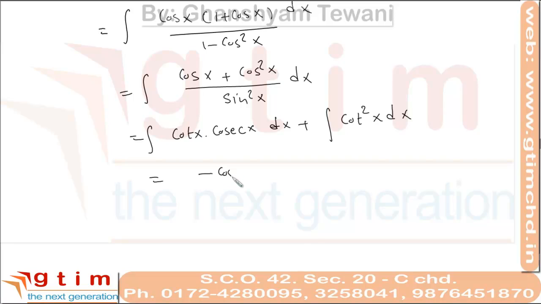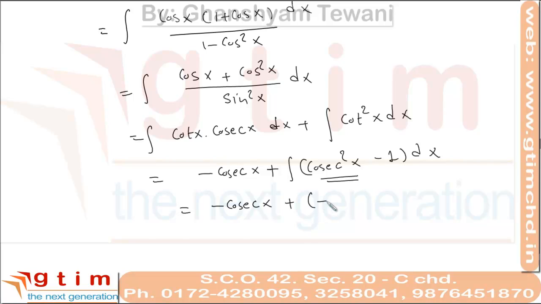Integration of this is minus cosec x, and integration of this function is minus, in fact cot square x is not a derivative of any function, rather we write cosecant square x minus 1. Now this is cosec x plus integration of this function is minus cot x, integration of 1 is x plus c.